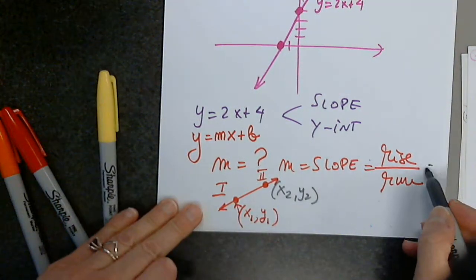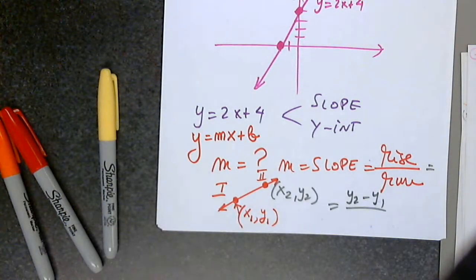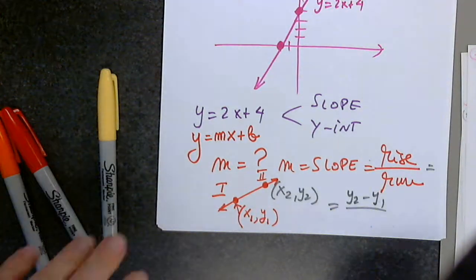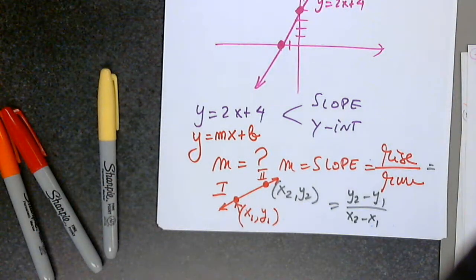So then the rise will be y2 minus y1. This height minus this height, this difference is how much I went up vertically. And what do you think will be the run? x2 minus x1. The second position where I arrive minus the first position where I started.